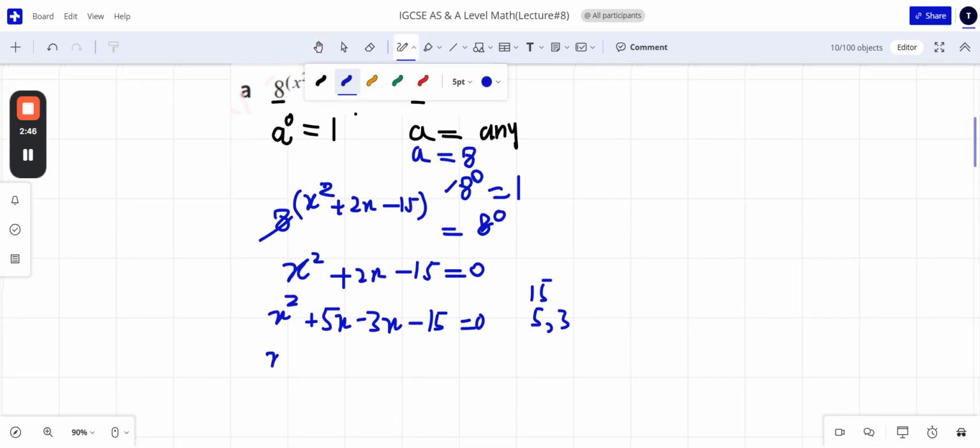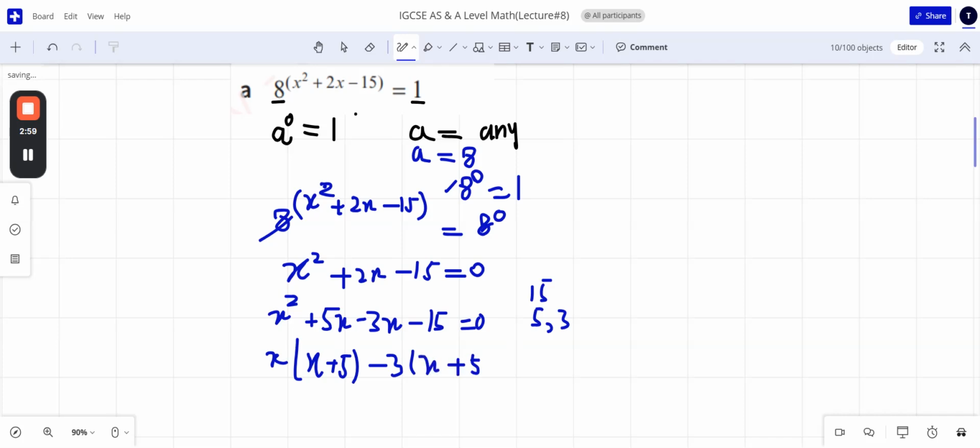Here x is common in the first two terms, x + 5 is left. In the rest of the two terms, −3 is common, so x + 5 is left, equal to 0. Now again we will take common, so x + 5 is common here, then (x − 3) = 0.